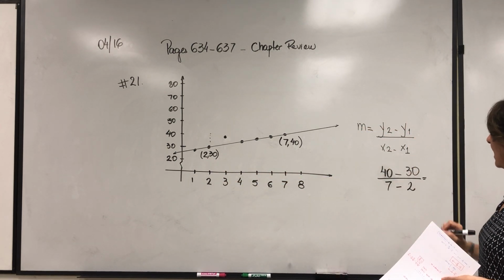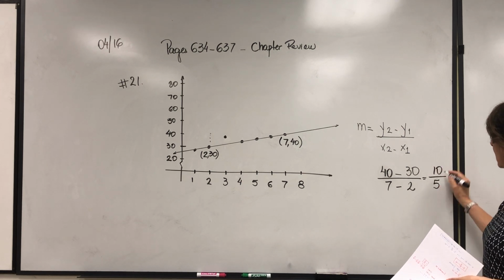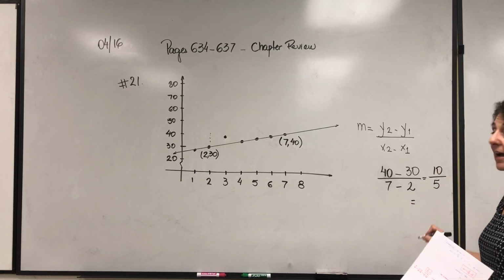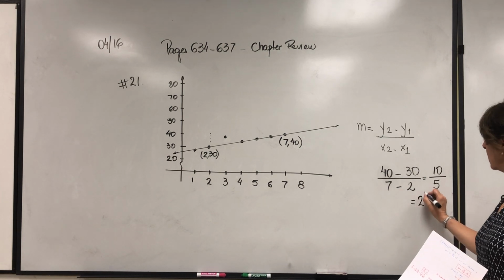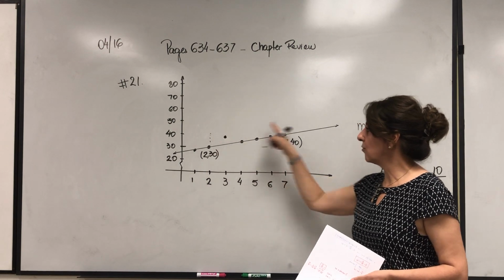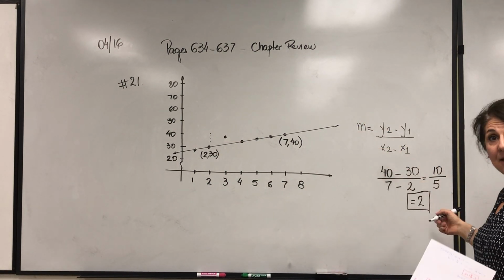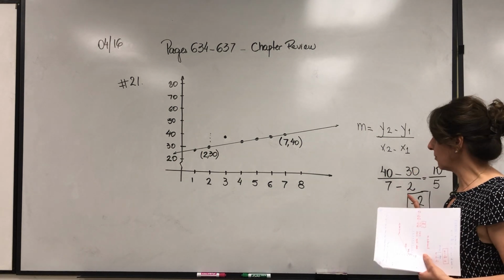So 40 minus 30 is 10. 7 minus 2 is 5. 10 divided by 5 is what? 2. So it doesn't matter if I go rise over run or do the M like this, I find the same information.